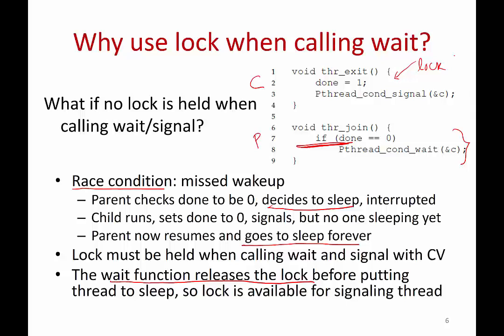And after it does that, then the child can signal. So either the signal happens before the parent sleeps or after the parent sleeps, but not during the parent deciding to sleep, right? So this process of going to sleep and waking up must also happen atomically, which is why you need a lock. Otherwise, you're going to have race conditions.